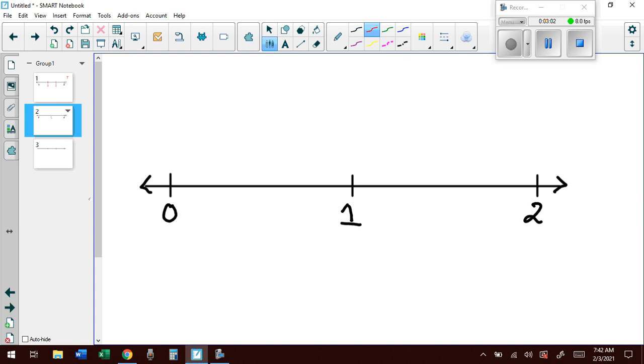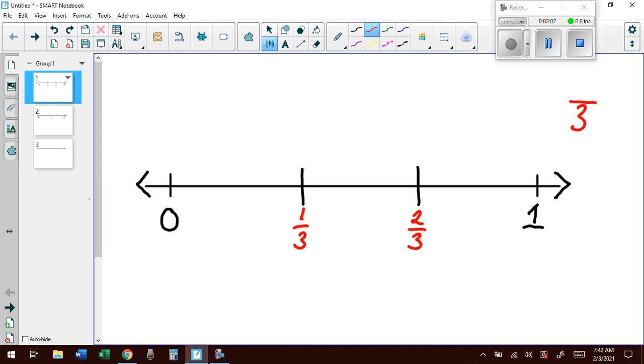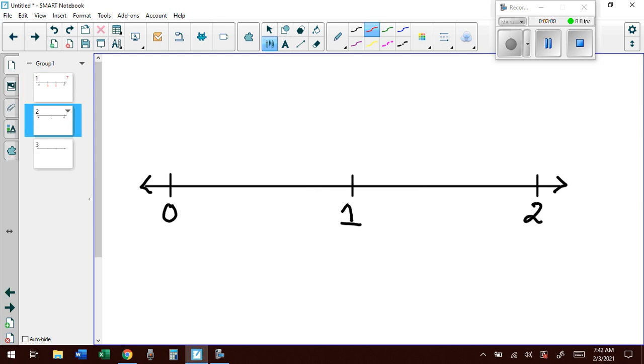Think, how many pieces was 1 candy bar broken into? Thirds. So this candy bar is going to be broken into thirds. And this candy bar is going to be broken into thirds.